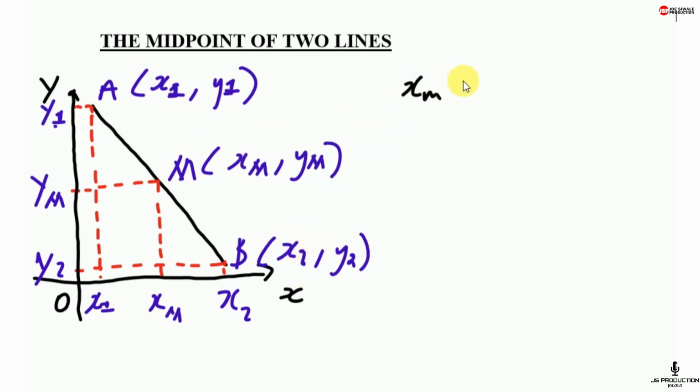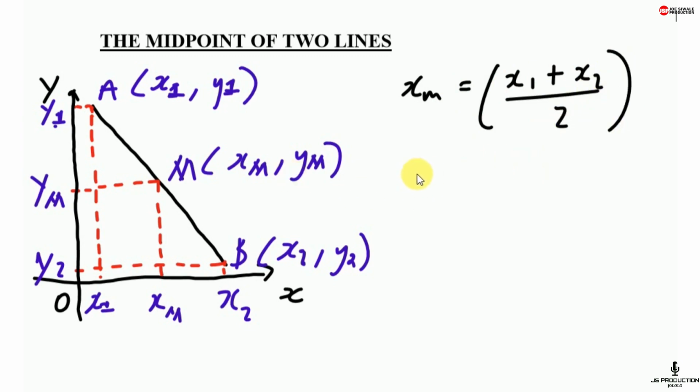So for us to calculate xm, we're going to say xm is equal to x1 plus x2 divided by 2. Then to find ym, ym is halfway between y1 and y2. So ym is equal to y1 plus y2 divided by 2.